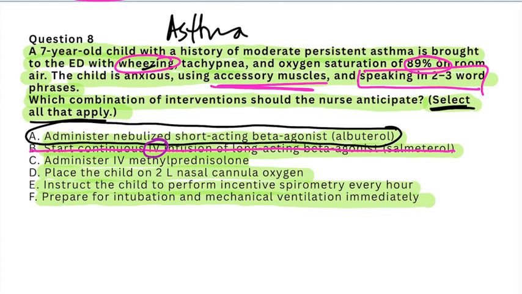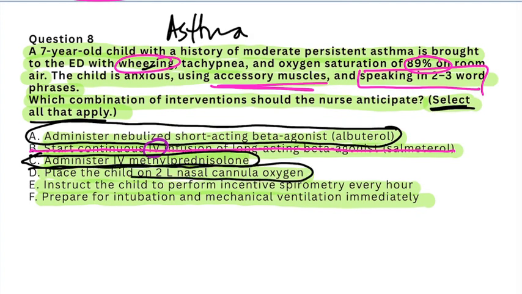Second correct answer is going to be letter C, because giving steroid as an anti-inflammatory is effective during this episode. Letter D is also a correct answer because we want to improve our oxygenation, because remember, the patient is hypoxic.